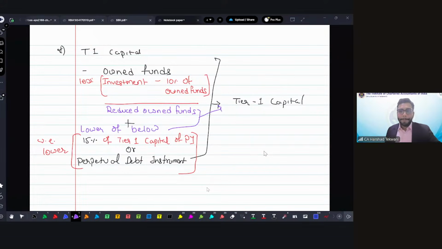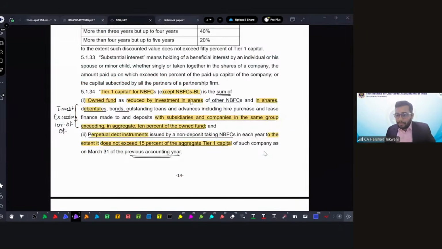Okay. Now, the second thing: remember we were talking about how it is not applicable to the base layer. The reason is that base layers are not eligible to include perpetual debt instruments in the tier 1 capital.